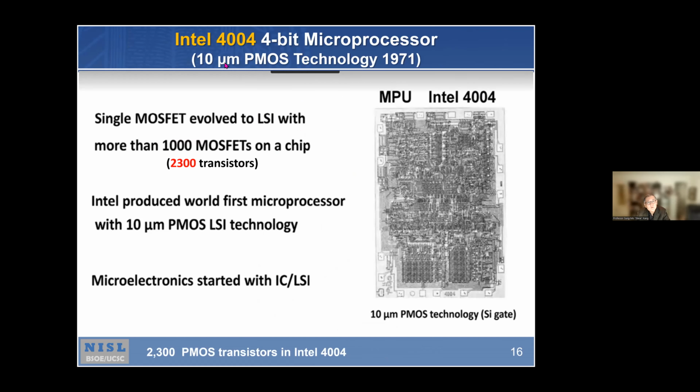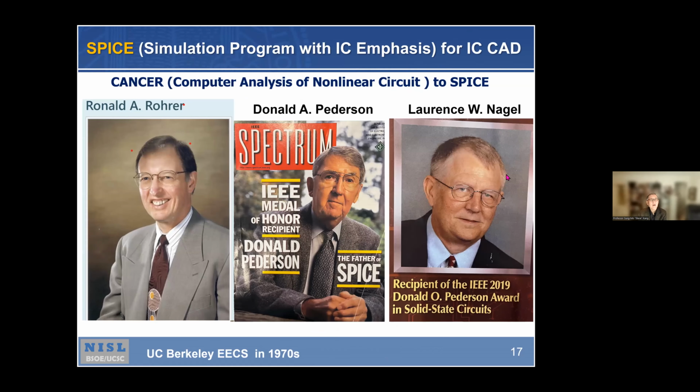This shows the first 4-bit microprocessor chip, 10 micron PMOS, back in 1971 by Intel Corporation, which contained 2,300 transistors. And thereafter, a lot of progress has been made to increase integrated circuit size, the LSI and then VLSI.